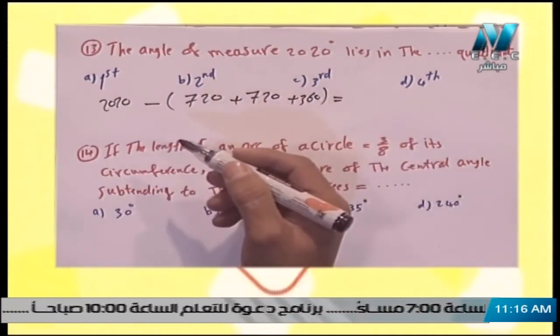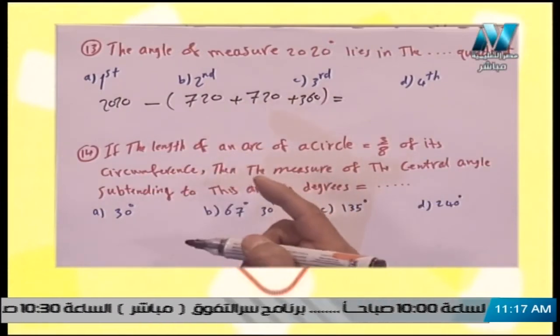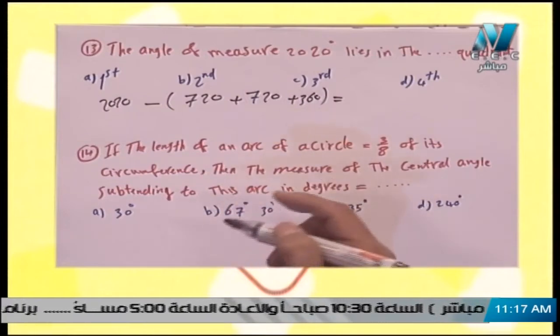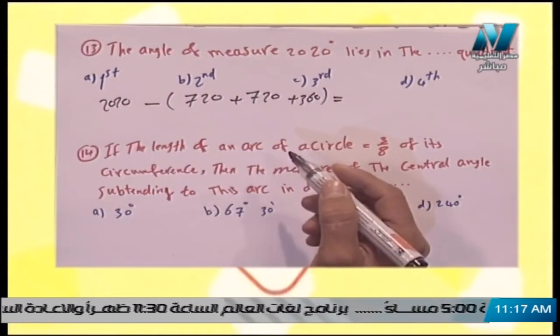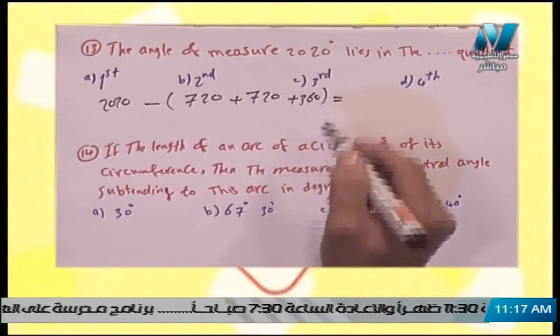You can use your calculator, take minus 360 and also minus 360 and minus 360 to get the smallest positive angle. And in fact, the smallest positive angle will be 220.